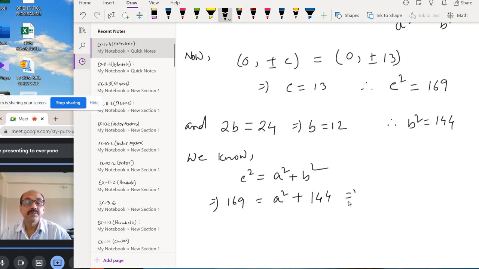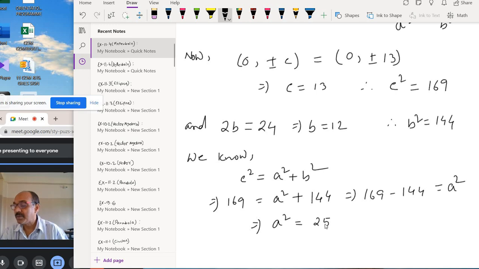Now 169 minus 144 equal to a square. So a square equal to 25. a square equal to 25 and b square equal to 144.